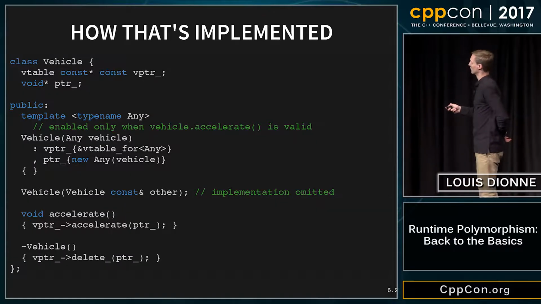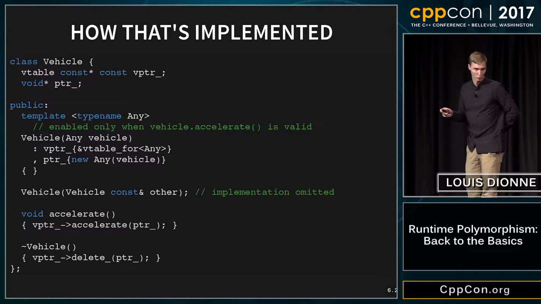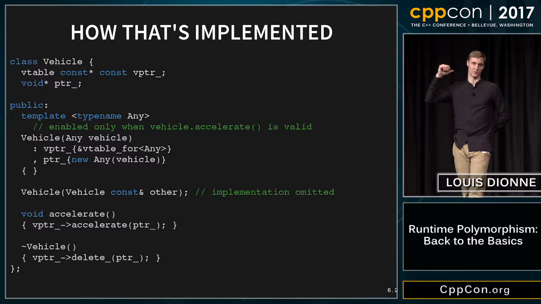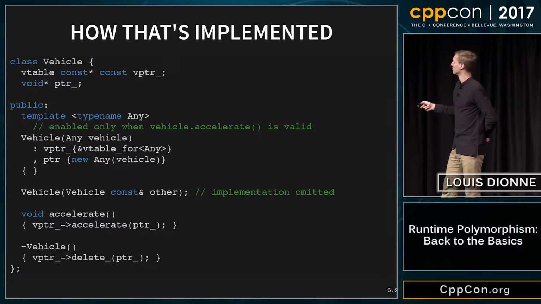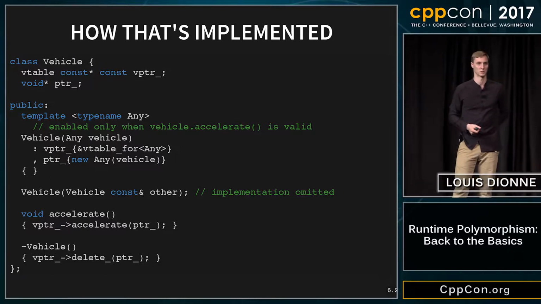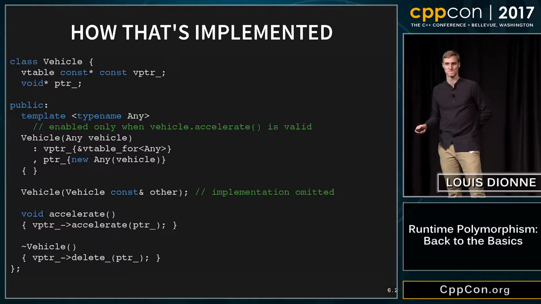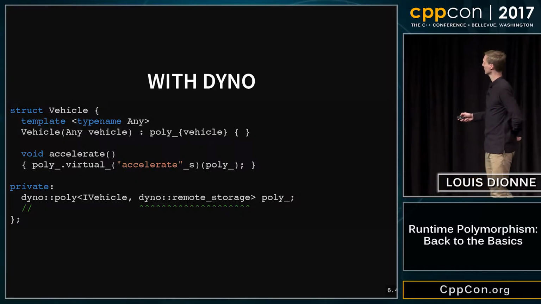So again, you have the vehicle, it gets constructed from anything, then you initialize it with the right vtable. That's a table with two function pointers in there that have been initialized in the next slide. And then I make a copy of whatever I'm containing. Is anybody completely lost at this point? Okay, that's really good.